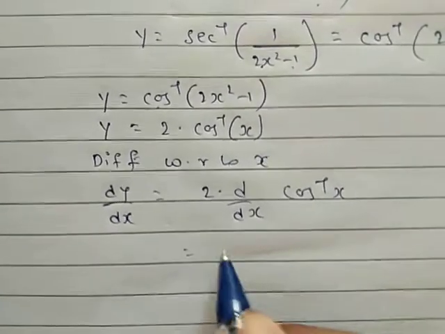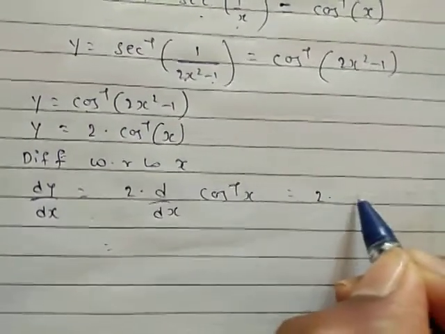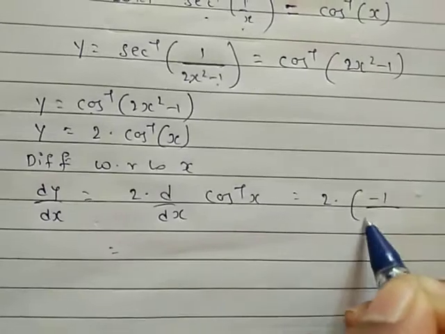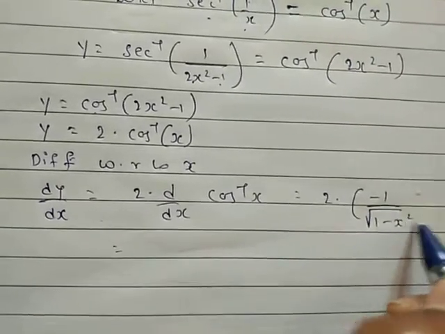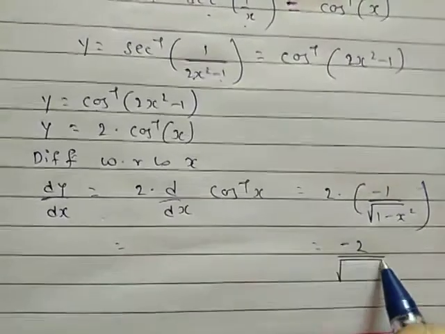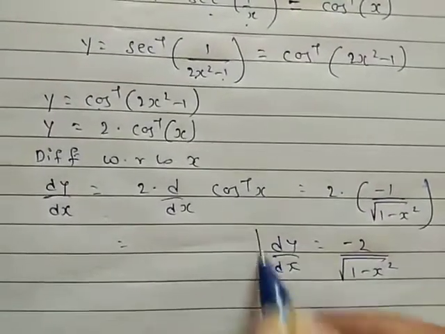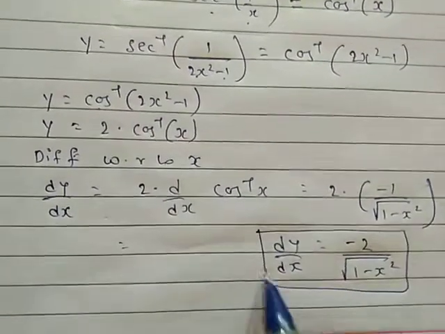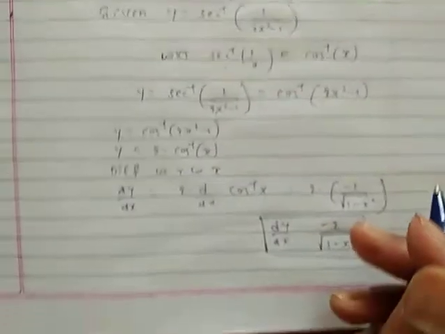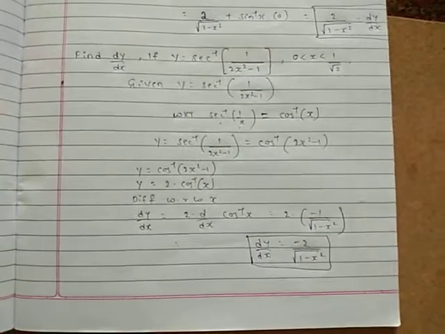So it's nothing but 2 into differentiation of cos inverse x, which is minus 1 divided by root of 1 minus x square. Or we can say minus 2 divided by root of 1 minus x square is the required derivative of secant inverse of 1 divided by 2x square minus 1. So pause the video to note it down.